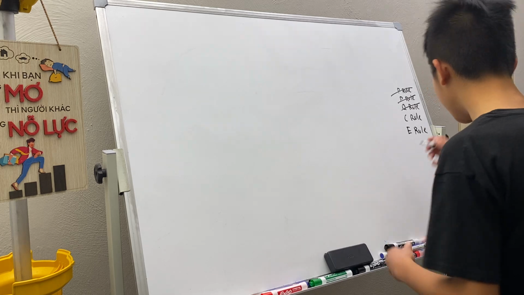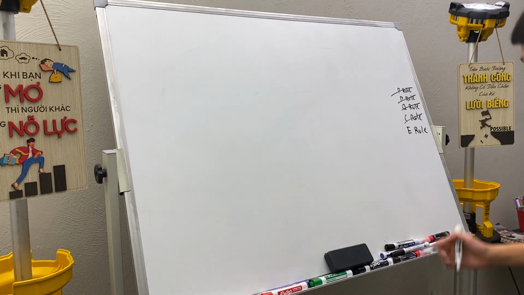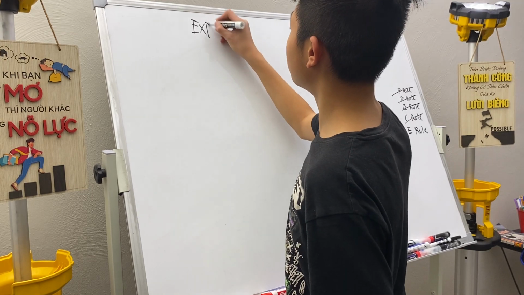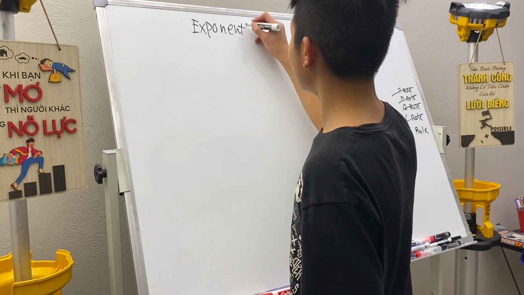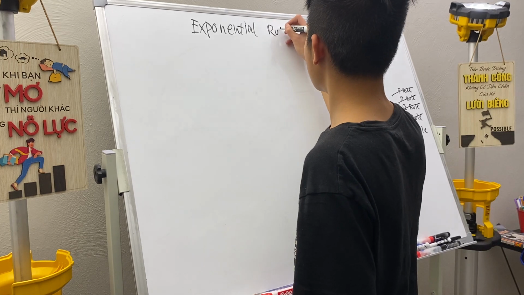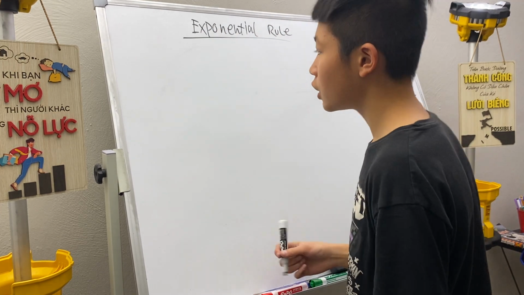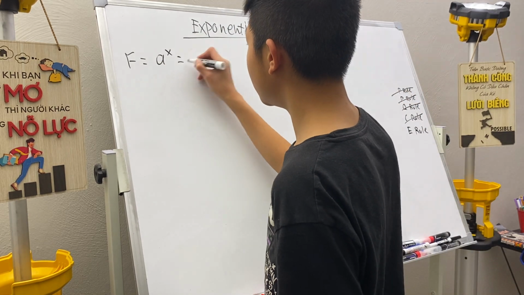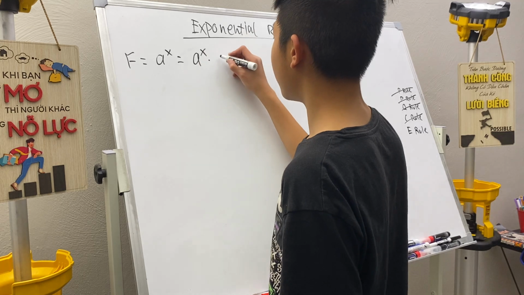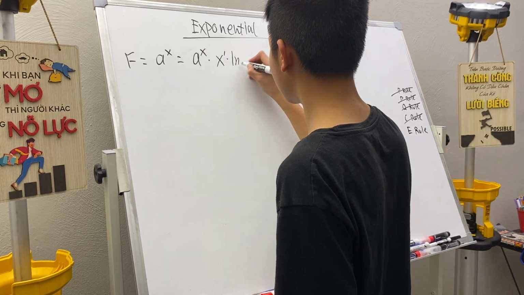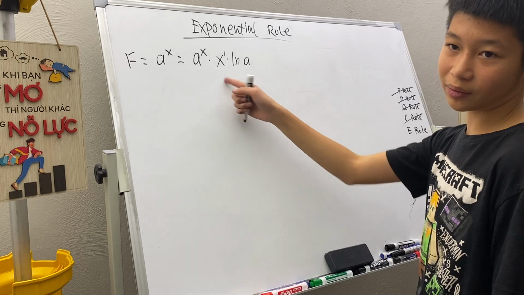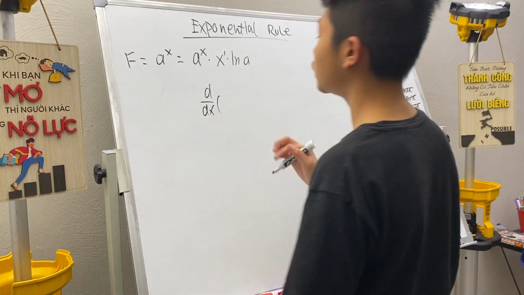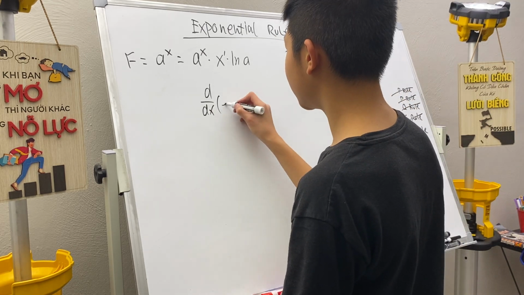And we're gonna move on to the last one, finally, which is the exponential rule. The formula is: the derivative of a to the x is a to the x times x prime times natural log of a. And this is 1. So let's say taking the derivative of the function e to the x.